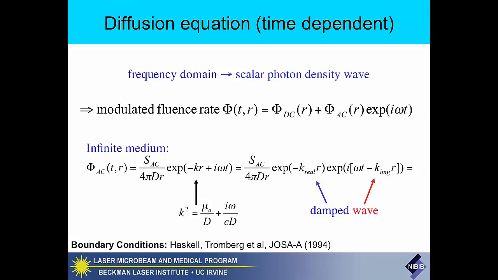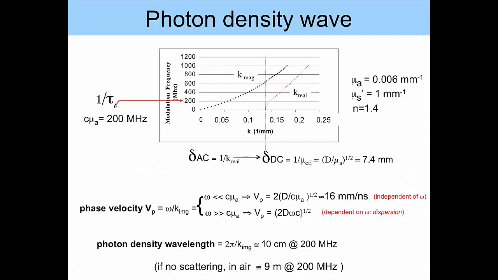So if we expand this, we see that there is a complex wave with real and imaginary components associated with this photon density wave, as you can really describe any wave in terms of a complex number. This is not an electromagnetic wave per se. It's a damped scalar wave, but it still has all of these characteristics of waves that we depend on and can describe mathematically. And that's what makes it kind of intriguing.